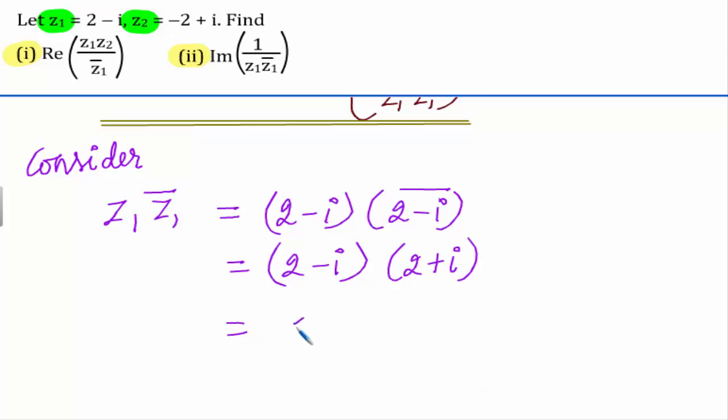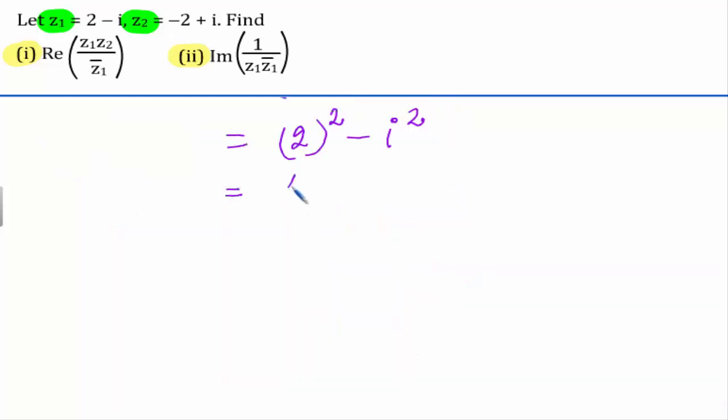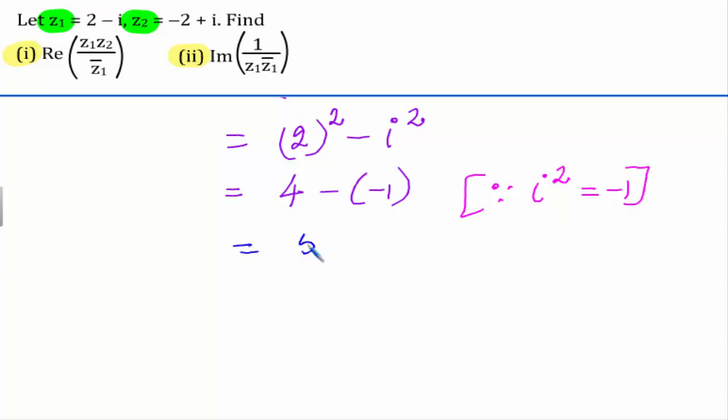This equals 2 square minus i square. Here we are using the identity (a plus b) multiplied by (a minus b) is equal to a square minus b square. So this will be equal to 4 minus of minus 1, since i square is equal to minus 1. So this will be equal to 5.